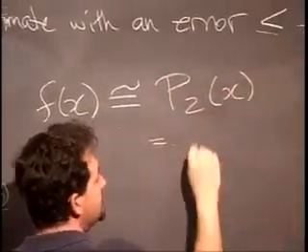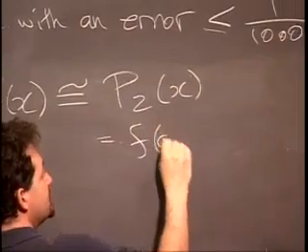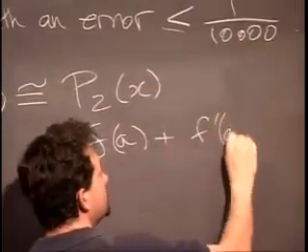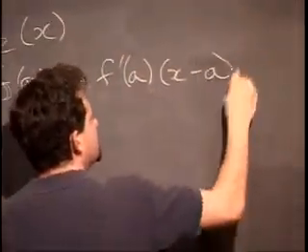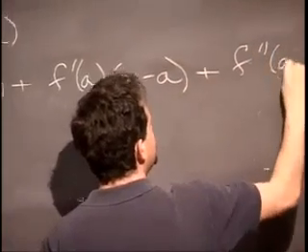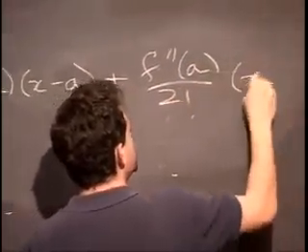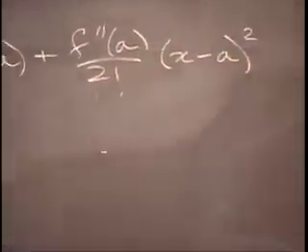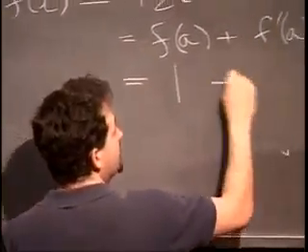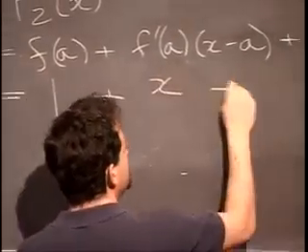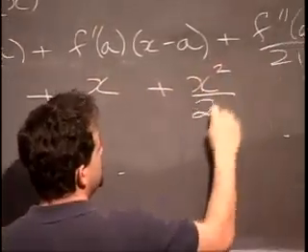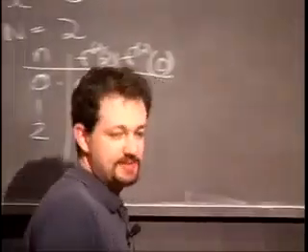And p2, again, is f of a plus f prime of a times (x minus a), plus f double prime of a over 2 factorial times (x minus a) squared. In this case, a is 0, so this is 1, plus x, plus x squared over 2 factorial. And that's exactly what we've seen before.